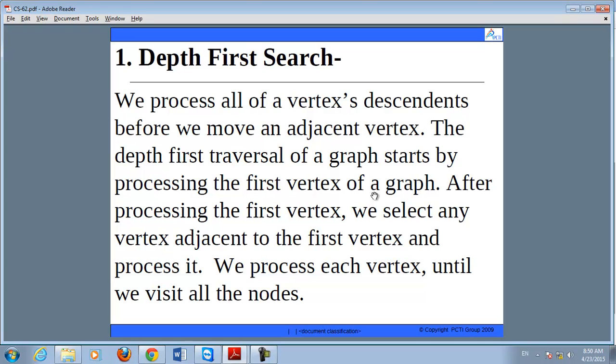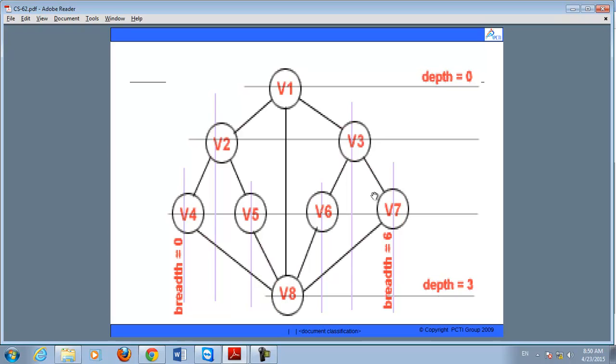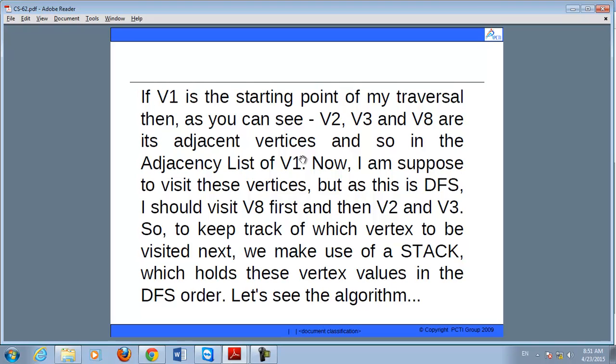We process each vertex until we visit all the nodes. Here, if V1 is the starting point, then we reach all the vertices in depth. All the vertices are visited till the depth of that vertex.